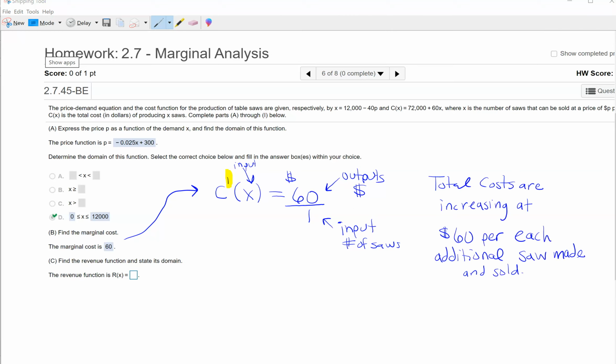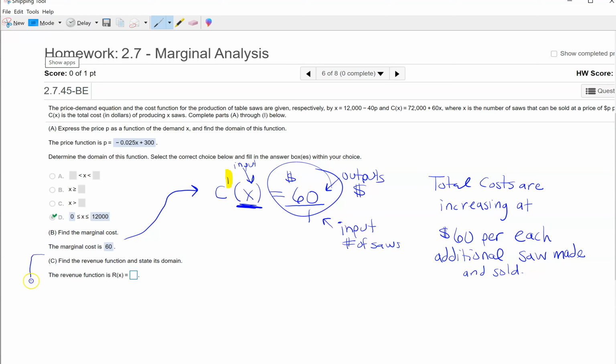So $60 for each additional saw, our total costs are increasing by $60. And that's a constant. It doesn't matter what I input in here, my rate of change is always going to be $60 per each additional saw. No matter what my production level is, it doesn't matter how many saws I'm making, if I make another saw, it's going to cost me $60. This is what that marginal cost is telling me.